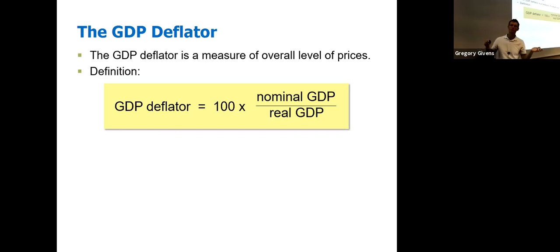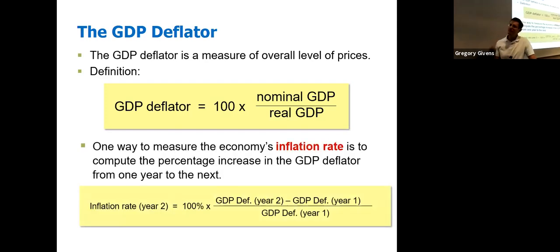So prices in the base year times Q. If you were to cancel out the quantities in that ratio, what would you be left with? Essentially prices in the current year over prices relative to some base year, right? And so the GDP deflator in that sense is going to tell us something about how much prices of all goods and services have changed from the base year to the current year.